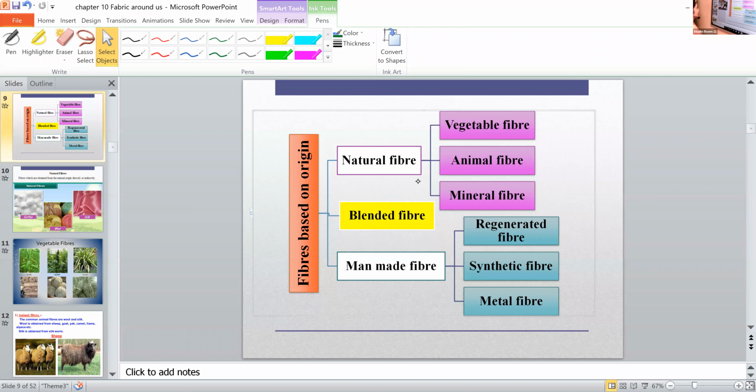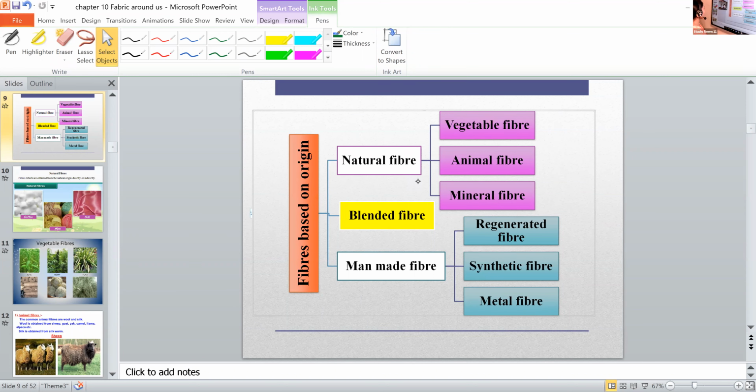Which are the natural fibers? So these natural fibers are again classified into three, that is vegetable fiber, animal fiber, and mineral fibers. Then the second is man-made fiber.